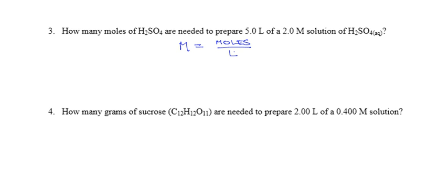This time, they give us 2.0 as the molarity. We're solving for moles, and there are 5.0 liters. So X, multiply both sides by 5, is 10, and then 2 sig figs, I'll put a decimal here.